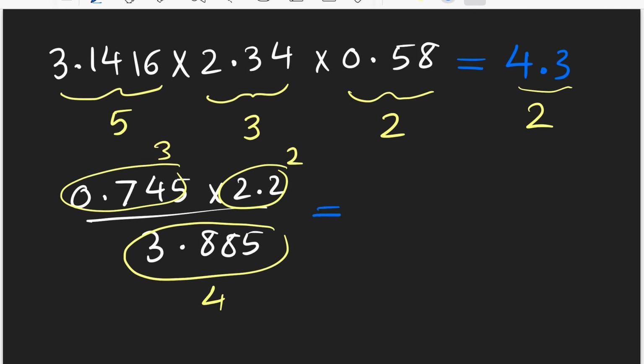So the result must be accurate no more than 2 significant digits, because the least accurate factor in this product has only 2 significant digits. So I should write the result as 0.42.